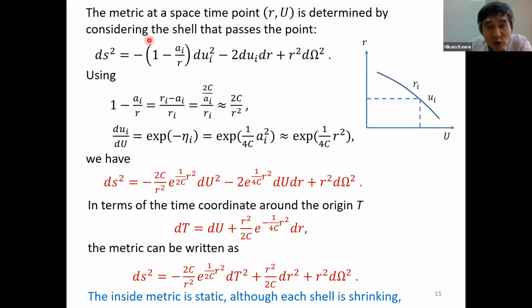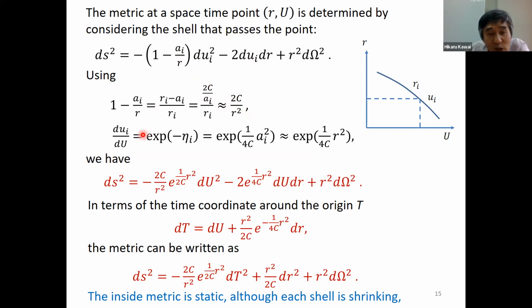This is the Bayesian metric. As we have seen, 1 minus a_i over R is (R_i minus a_i) divided by R_i, but we assume this is 2C over a_i. Since a_i and R_i are close, we can approximate it by 2C over R squared. So in the continuum limit, this part can be approximated by 2C over R squared.